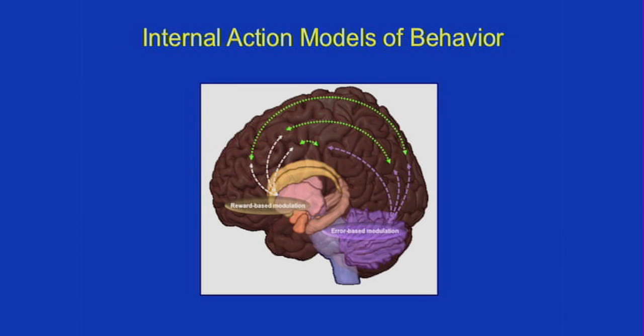Now, of course, it's more complicated, and even this is going to be overly simplistic. We have various levels of hierarchy in terms of this perception action coupling. We have primary motor and sensory cortex, with short-range connectivity between those regions, generally involved in more immediate coupling of perception and action.